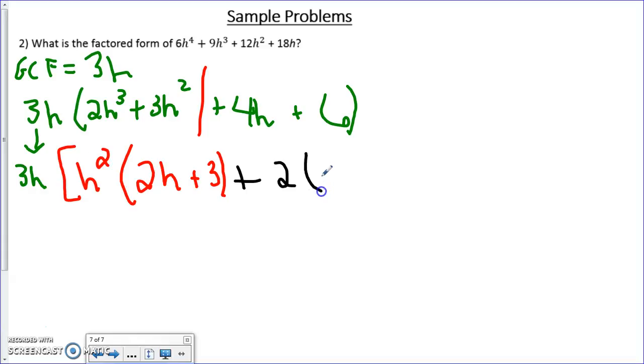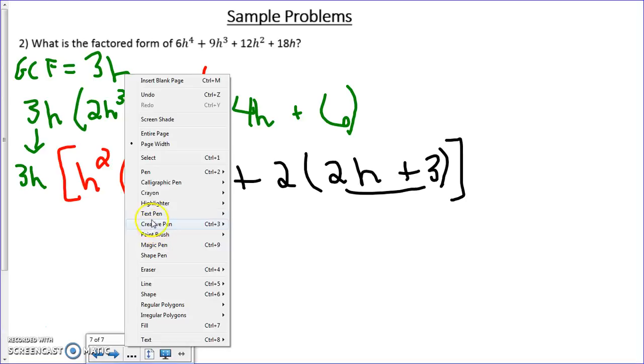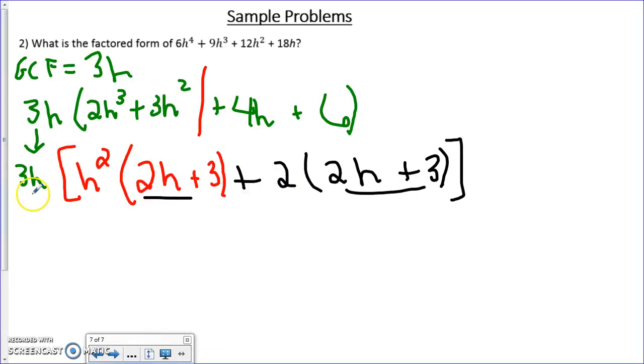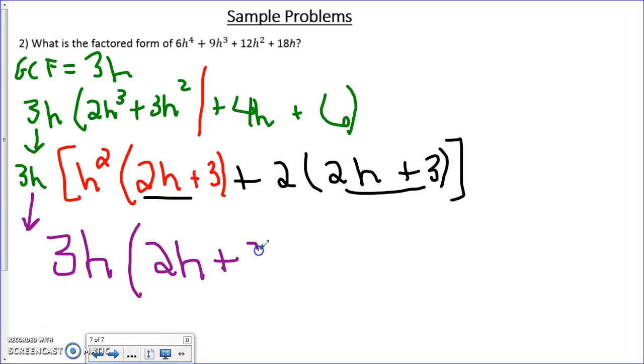When I factor out a positive 2, I'm left with 2h plus 3. And again, I know that I can go directly to my final answer because my common binomial factor is 2h plus 3. So again, I'm going to bring down my GCF. It comes along until I get to the final answer, 3h times my common binomial factor, 2h plus 3, and my other factor is h squared plus 2.